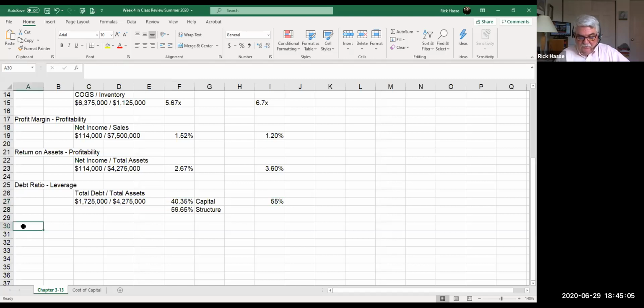Now, the last ratio in regards to this type of capital structure leverage is called the debt to equity ratio. What is the relationship of debt to equity? All right.